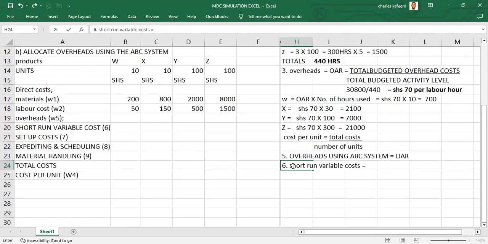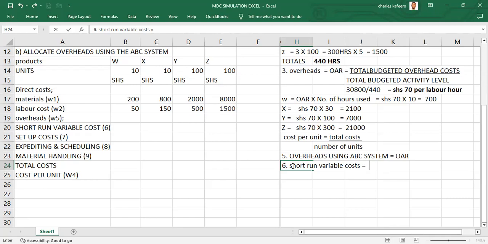These variable costs, we are going to be using the total budgeted overheads. But for short-run variable costs, we are going to be using the activity level that's going to be suitable for that.